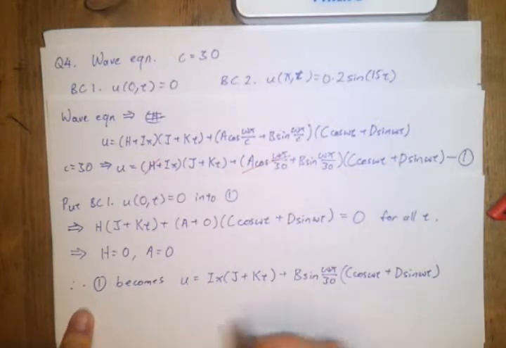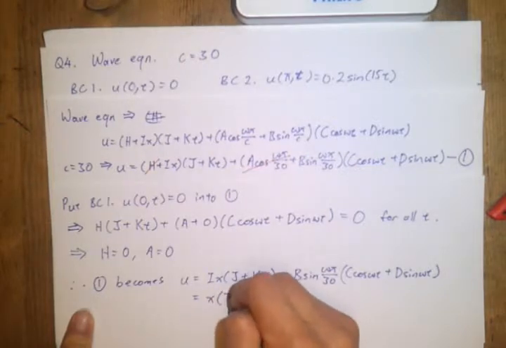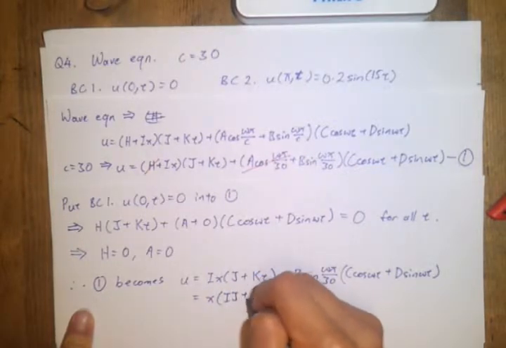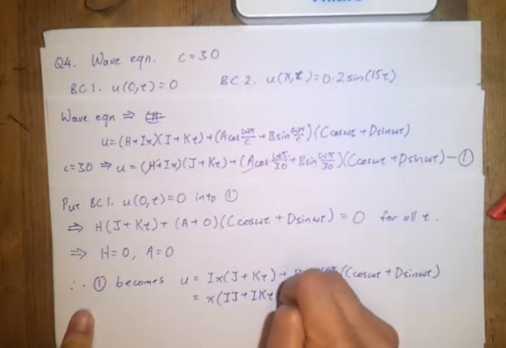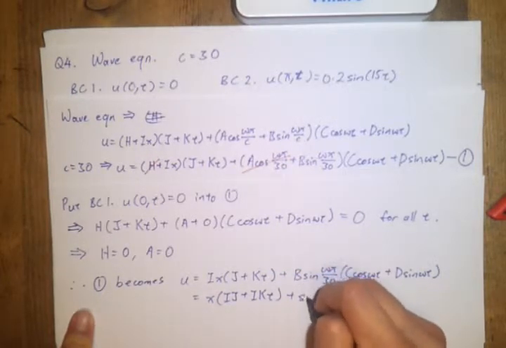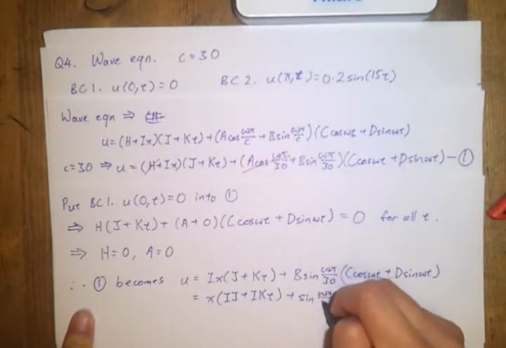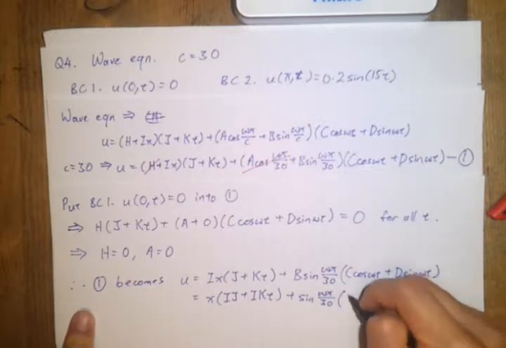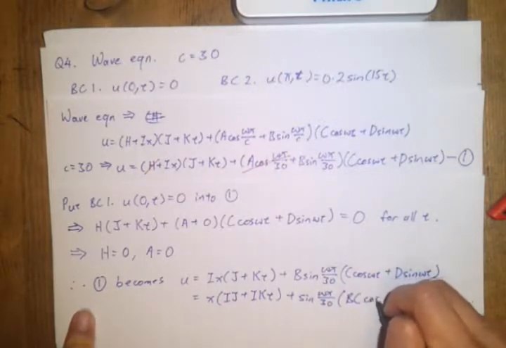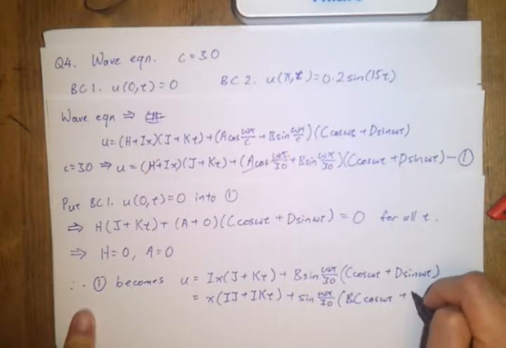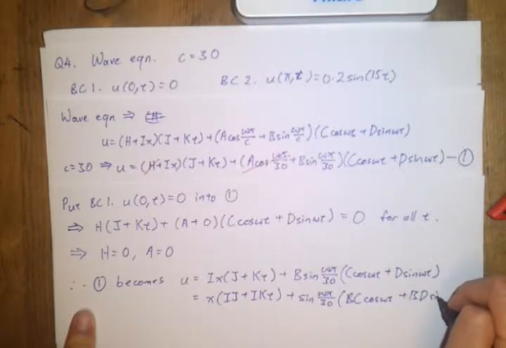Again I'm bringing the x and the b in, so I get bc cos omega t plus bd sine omega t.